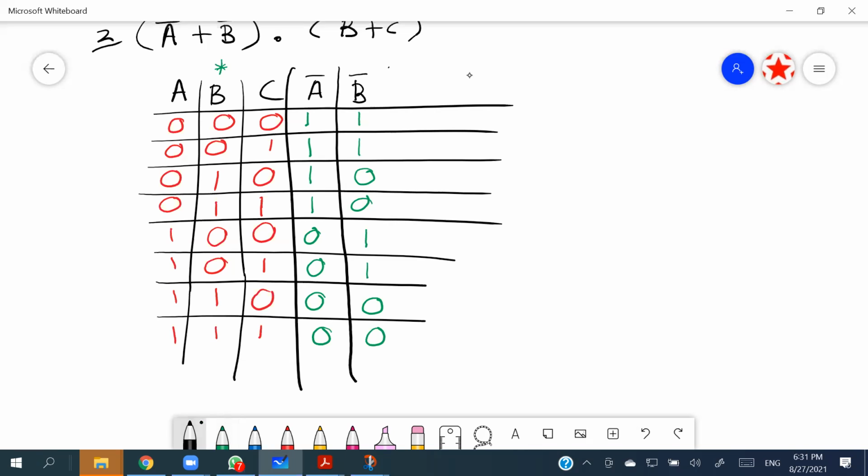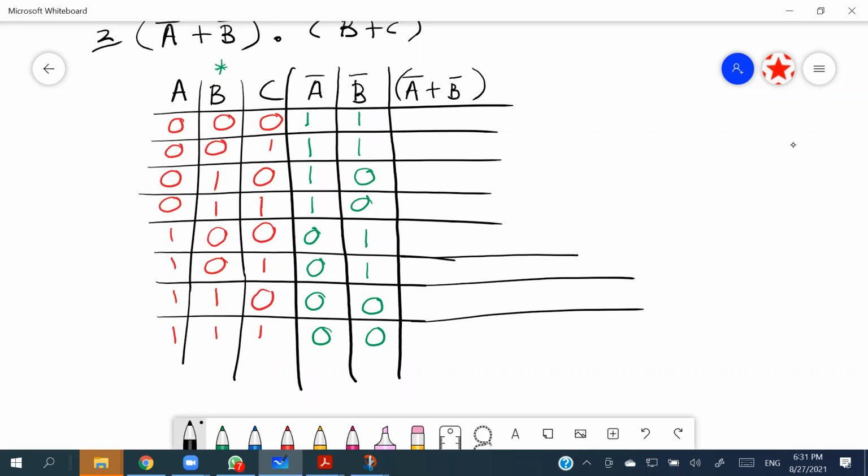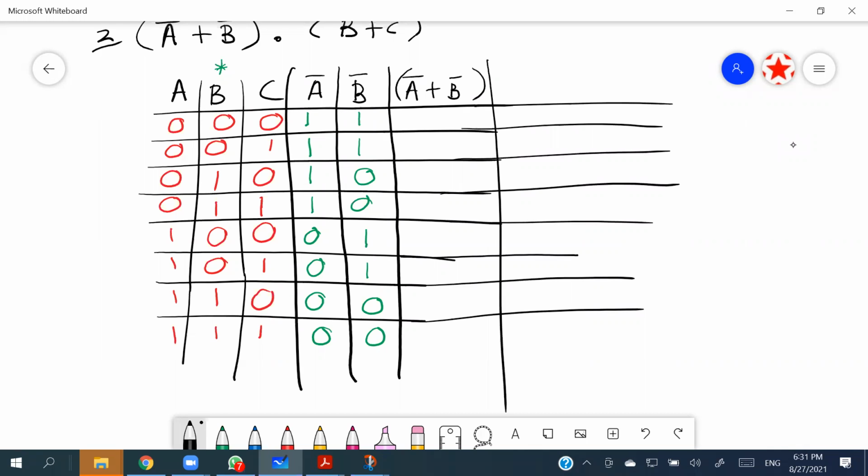Then we are going to create A bar plus B bar because we are still inside the bracket, right? So how are we going to create that? We have A bar here, we have B bar here. So we only need to add those things together. Right?